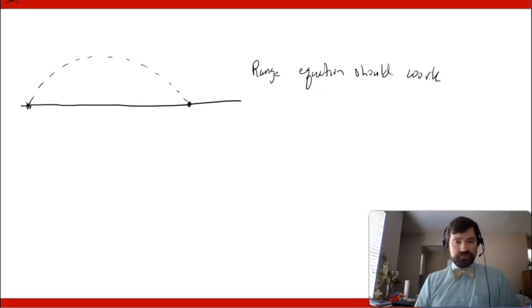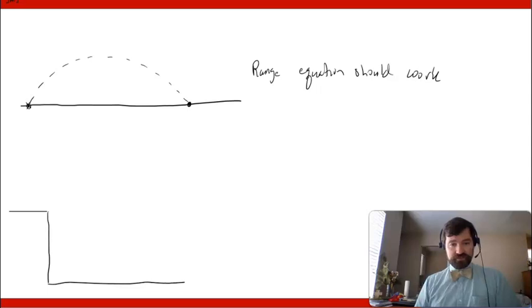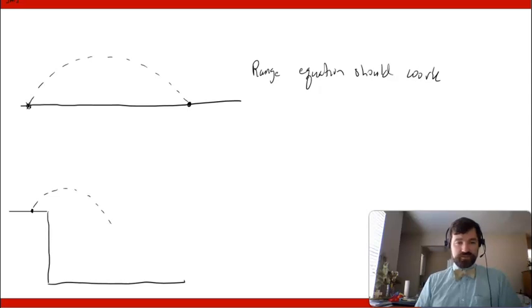That could be contrasted with something like this, where maybe there's an object that's being shot off from a height and then landing somewhere lower. If the object is being projected like this, then the range equation will not work.